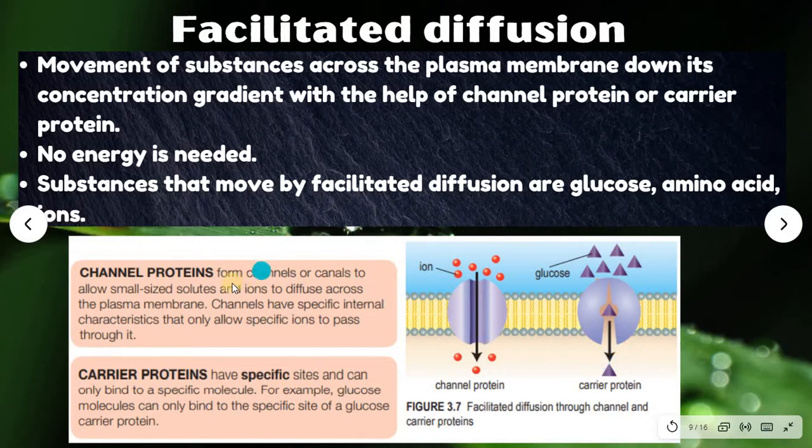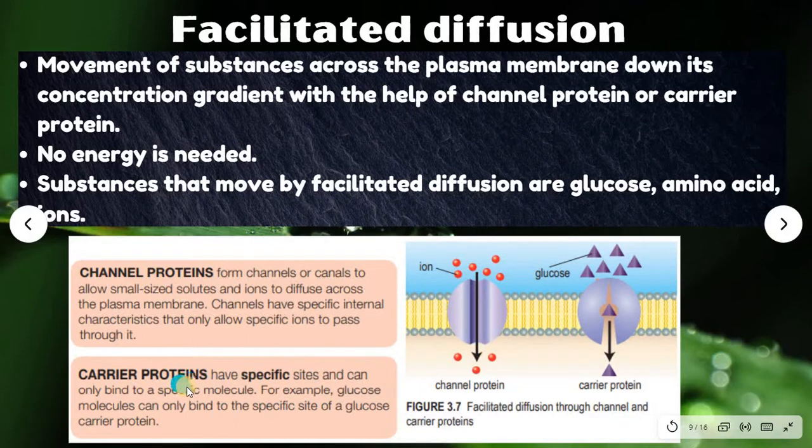Channel protein forms channels or canals to allow small size solutes and ions to diffuse across the plasma membrane. Channels have specific internal characteristics that only allow specific ions to pass through. That is a channel protein, it has a canal.